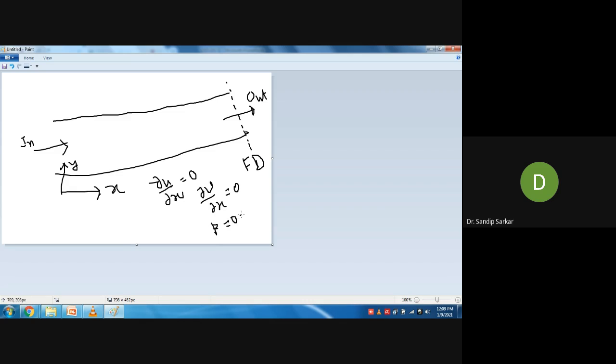That means pressure is specified. If pressure is specified, that means P is already known. If P is known, you do not need any correction to the P, right? That means P prime is 0 at the outlet.